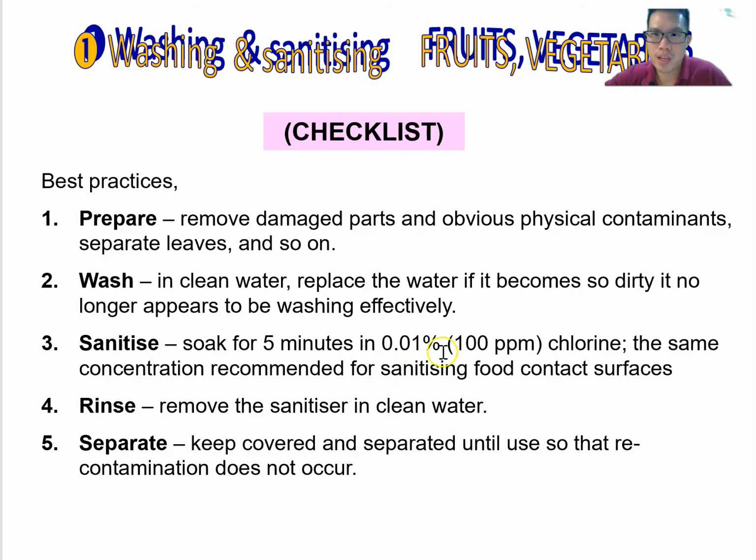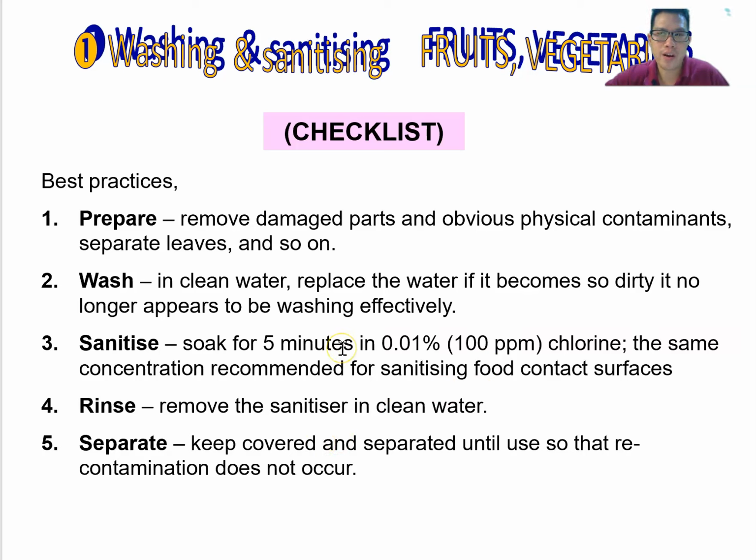Because what happens is that if you put too much, of course, with normal rinsing, you may not be able to remove it. So when you sanitize, make sure the concentration is correct, the 100 ppm. They will teach you one: put 1 cup to 5 liters of water, and so forth.